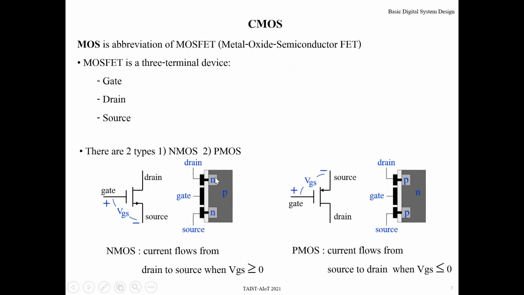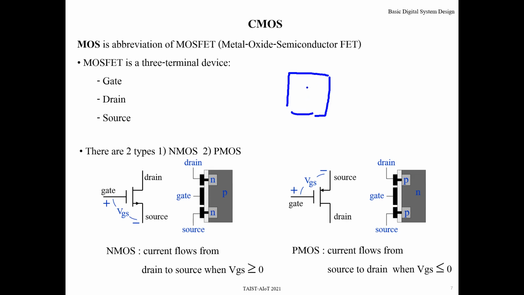Okay. Now, let's consider CMOS circuit first. For CMOS, CMOS is from two kinds of MOSFET, namely NMOS and PMOS. And the terminal of MOSFET basically have 3 terminals, namely gate, drain, and source. It's something like this.